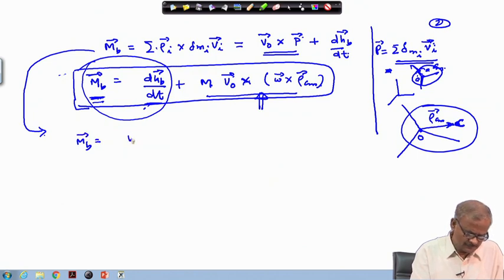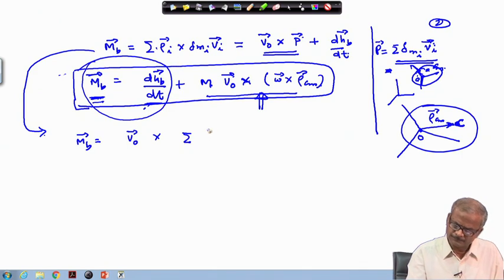So, m_b equals V_o cross summation, this particular part we are working with.